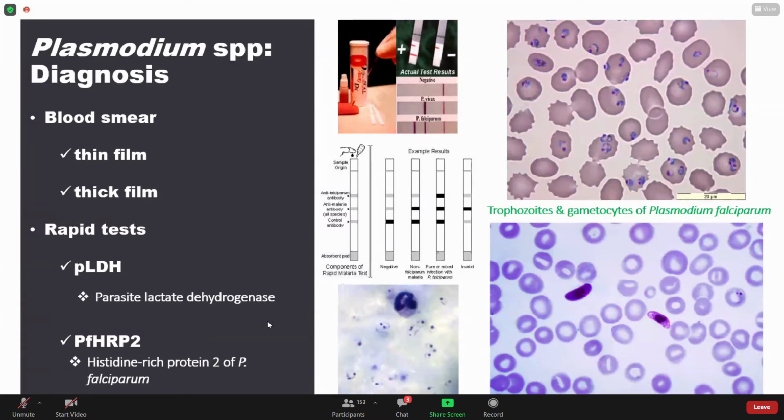What are the differences that you can observe? Just anybody, what can you appreciate the difference between these two? Just a guess. You can't be wrong. Which cell?